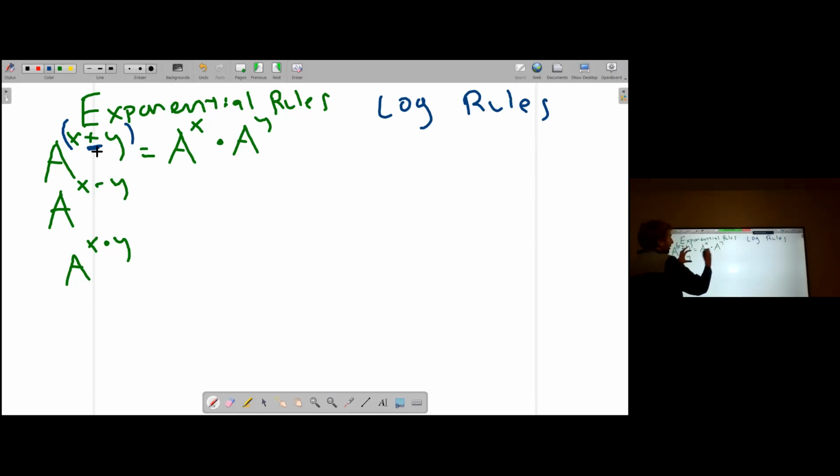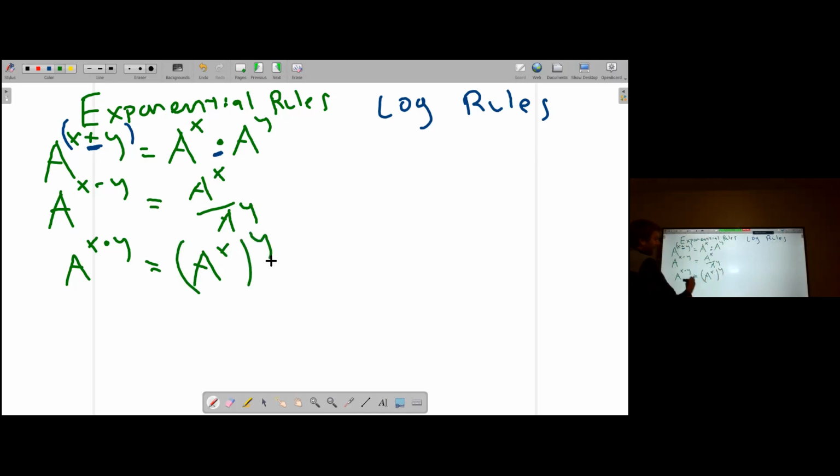So notice there's two exponential functions, the times is outside both of them. So an inside plus turns into an outside multiplication. An inside subtraction turns into an outside division. And an inside multiplication turns into repeated exponents, like an exponent on the outside. Okay, so those are the exponential rules.